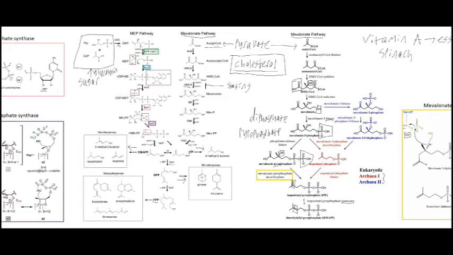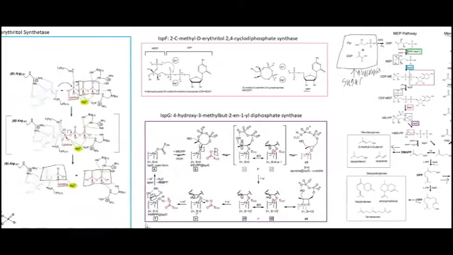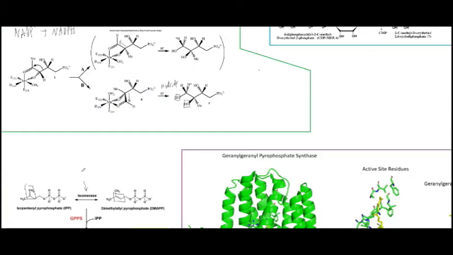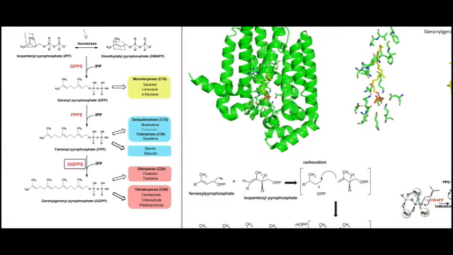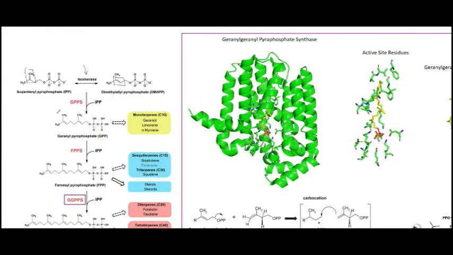this isopentenyl pyrophosphate. And then we can move on to this next step where now we have formed our isopentenyl pyrophosphate and dimethylallyl pyrophosphate. And so then we can just start adding these isopentenyl pyrophosphates on to form this geranylgeranyl pyrophosphate, and then we can add another one on to form this farnesyl pyrophosphate.